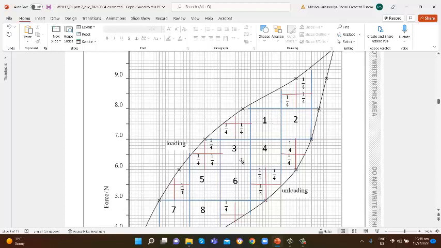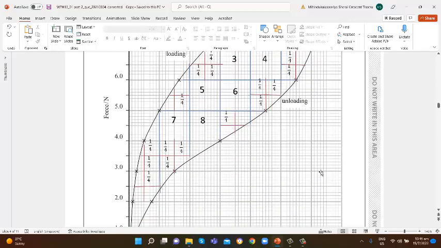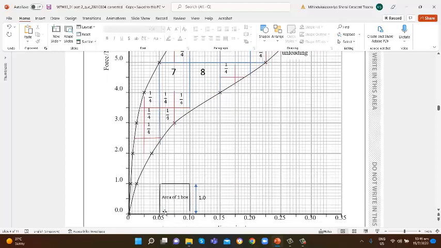If you take this big square, you can find the area: 7 minus 6, and this length is 0.20 minus 0.15, or 0.25 minus 0.20, you will find it is 0.05.